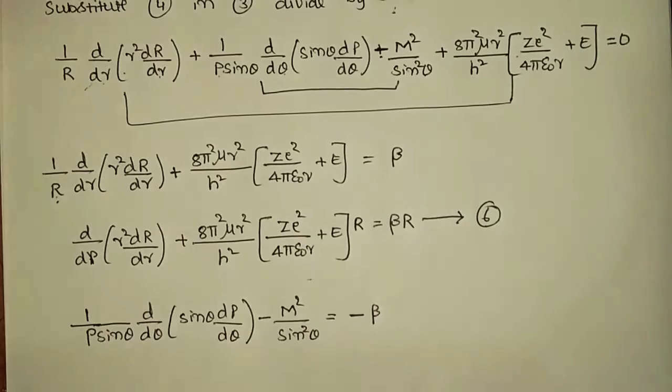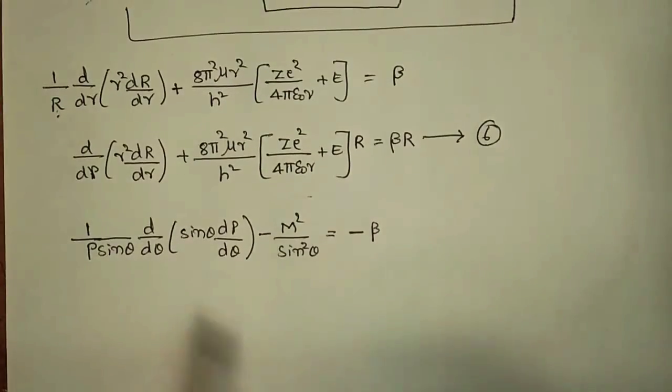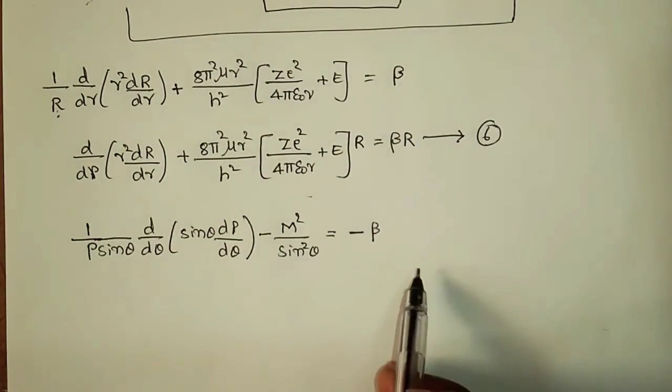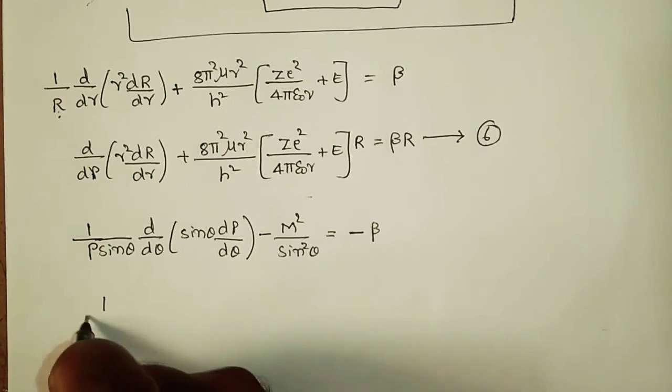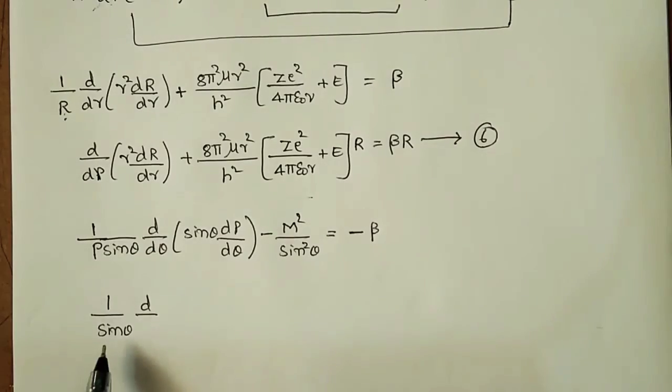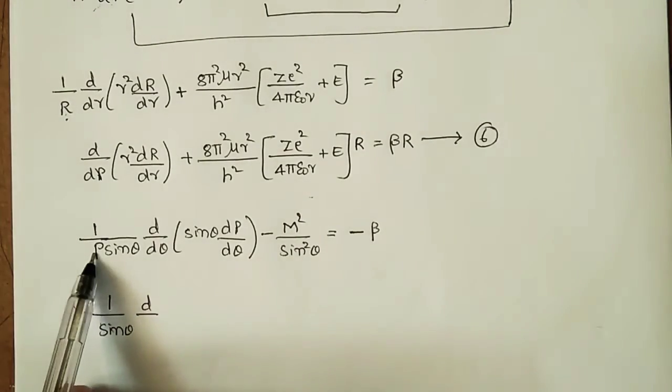Again the constant will be beta, and if you multiply the whole equation with P, this P will get cancelled.